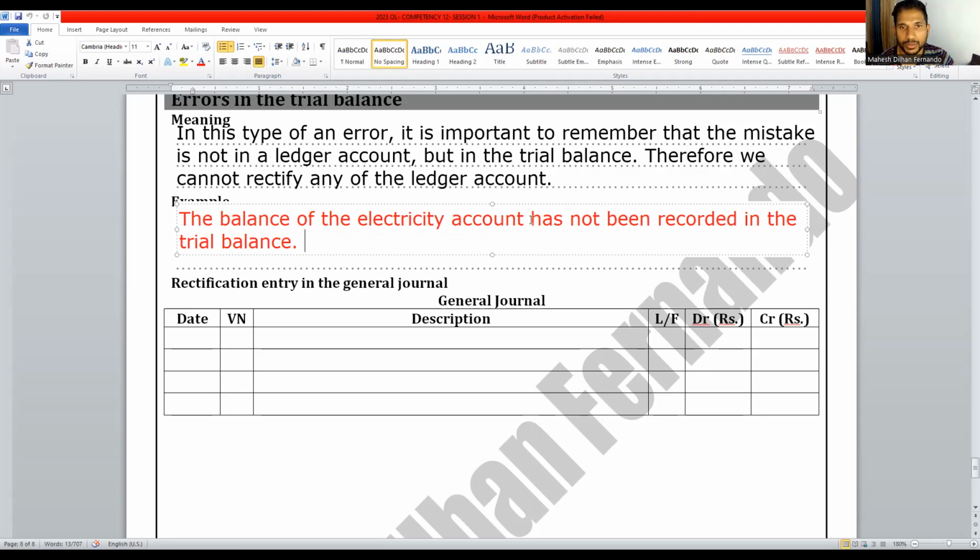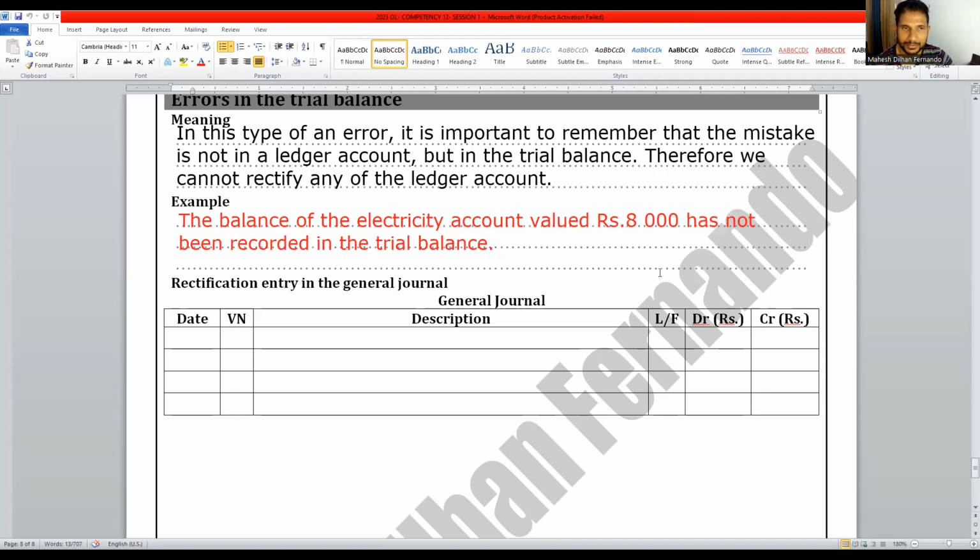Electricity account value rupees 8,000 has not been recorded in the trial balance. This is the error. The balance of the electricity account valued 8,000 has not been recorded in the trial balance. Okay?